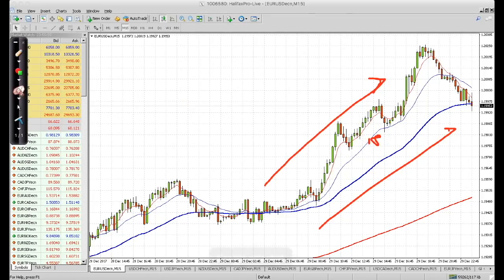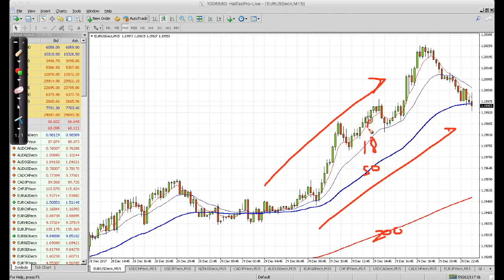Let me draw that again. This blue line is the 18 moving average, 18 EMA. The thicker blue line is the 50 moving average, and the red line is the 200 simple moving average. So it's exponential, exponential, simple moving average.